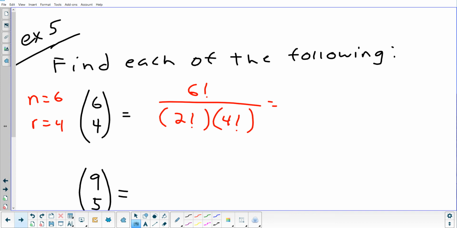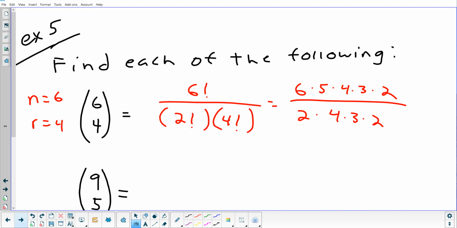Now, you always want to write out, at least to start, the biggest one. Let's just expand it all. So 6 factorial means 6 times 5 times 4 times 3 times 2. That's 2 factorial. And then 4 factorial is 4, 3, 2. Do you see a big chunk of stuff that cancels out, that's in the top and the bottom? 4, 3, 2.